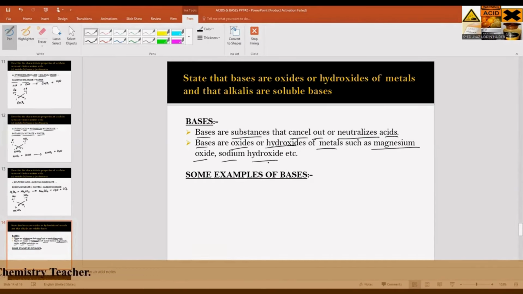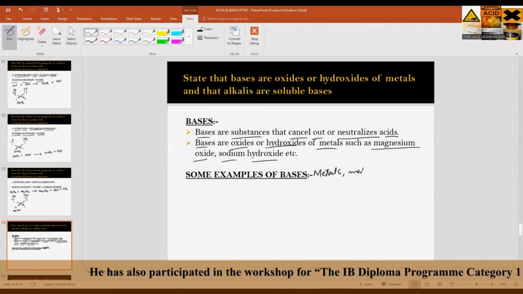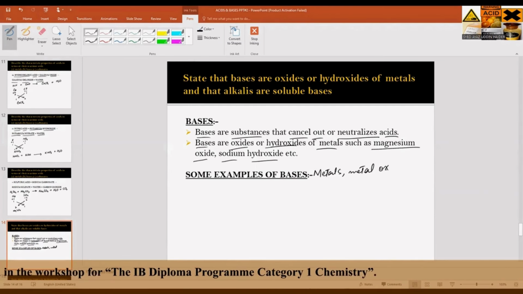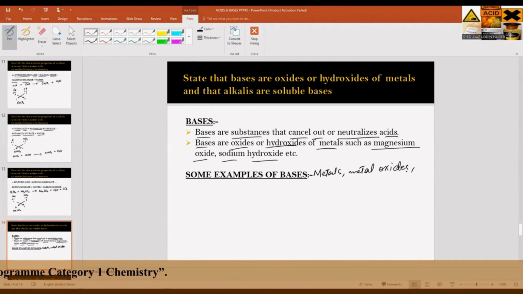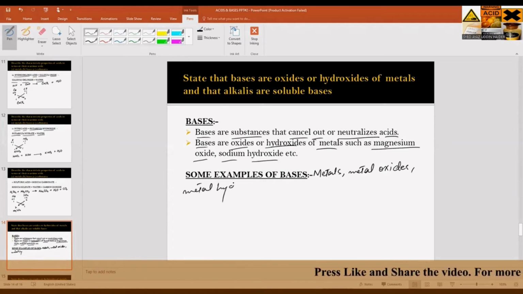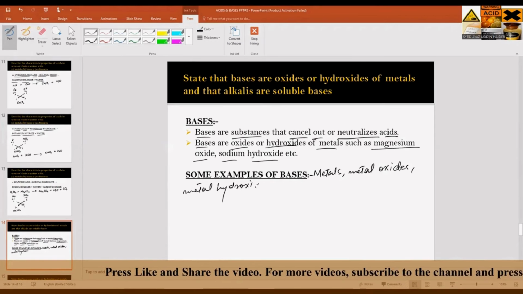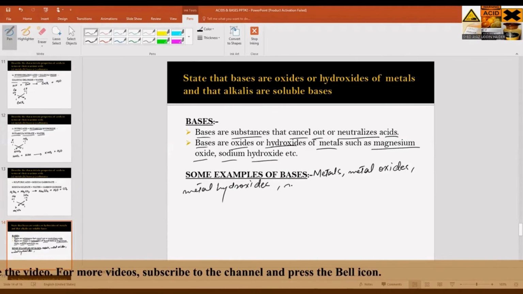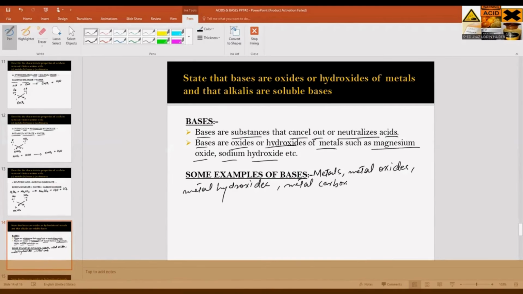can act as a base if it is able to cancel out the effect of acid. So you have metals, metal oxides, metal hydroxides, metal carbonates. Now I'm writing the formula for some of these.